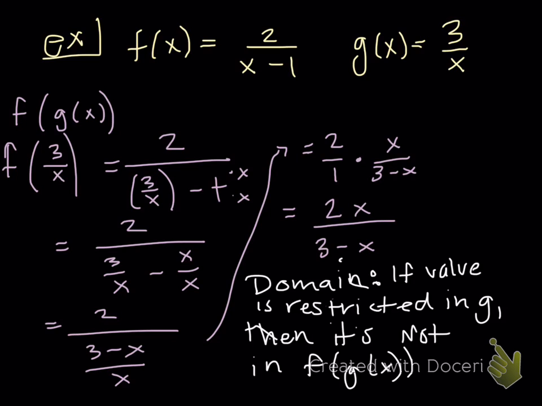So basically you need to determine what value cannot be in the g function, and that also needs to be a restricted value.